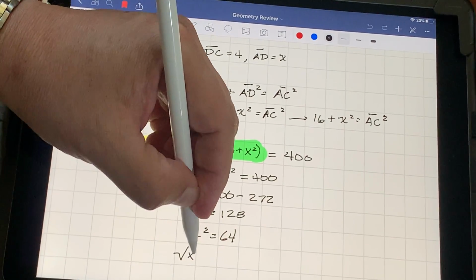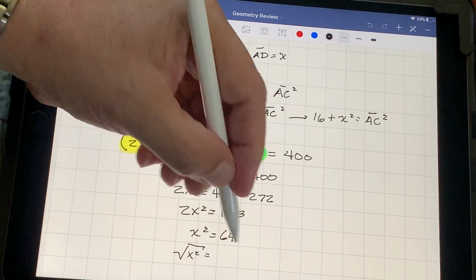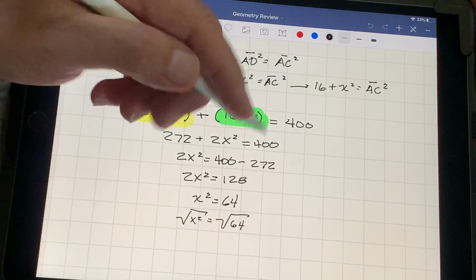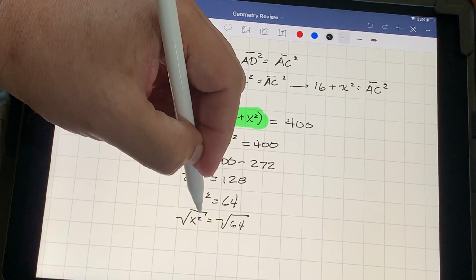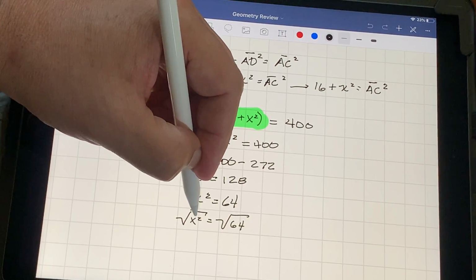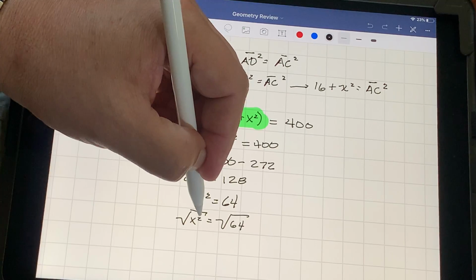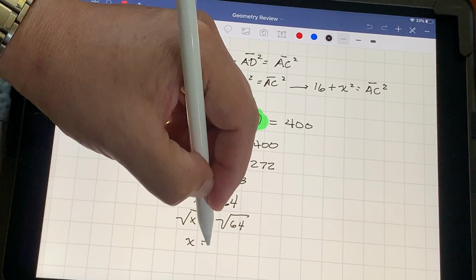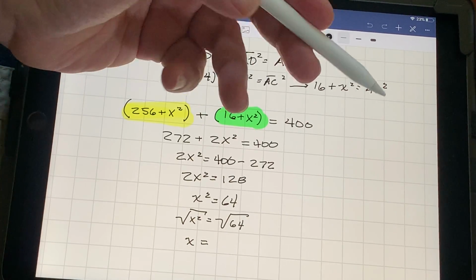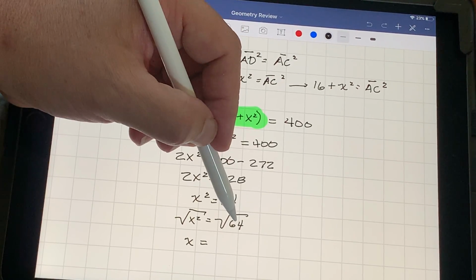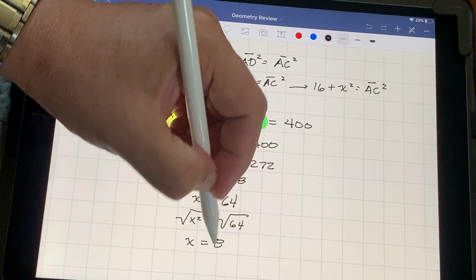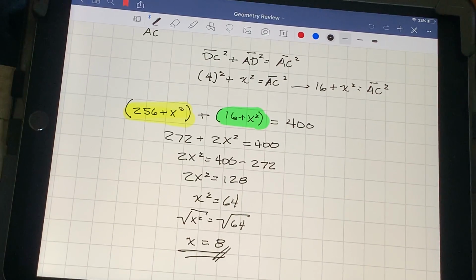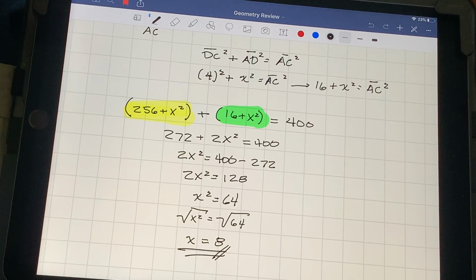So the square root of x squared equals the square root of 64, which means now that the square root of x squared brings out x, and then what number multiplied by itself gives me 64 is 8. So x equals 8 is the correct answer.